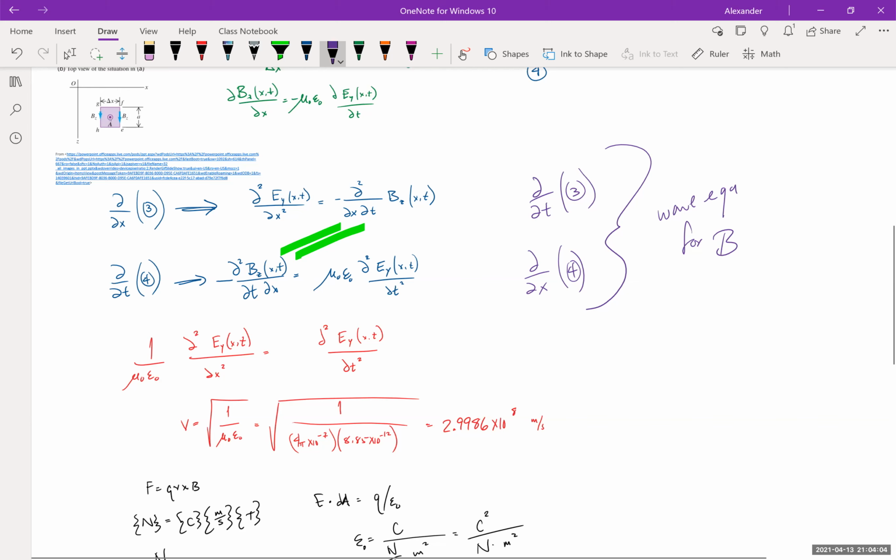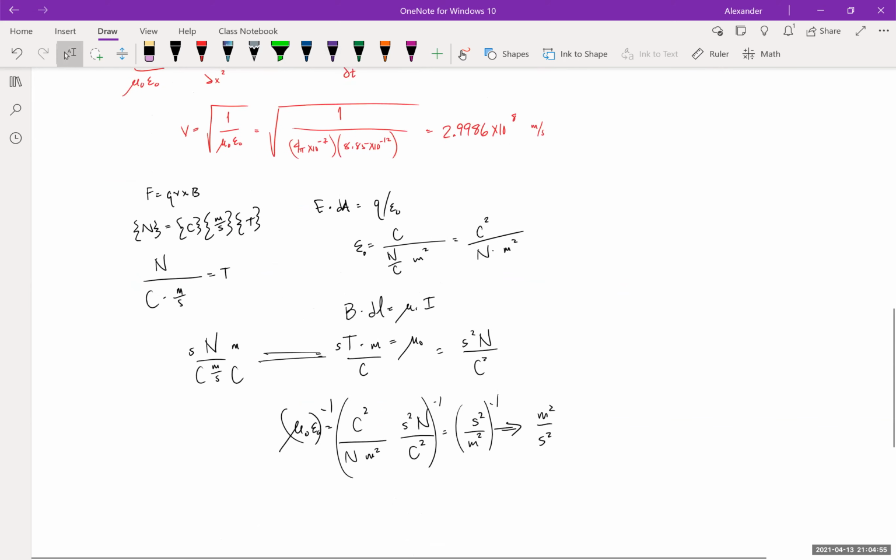Light is an electromagnetic wave? I'm forced to conclude that, because light is the thing that travels with this speed that we just sort of calculated, predicted.